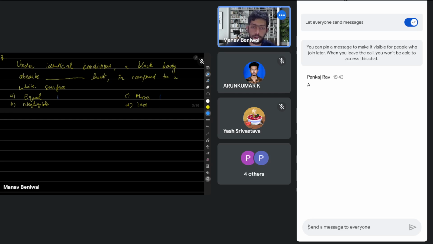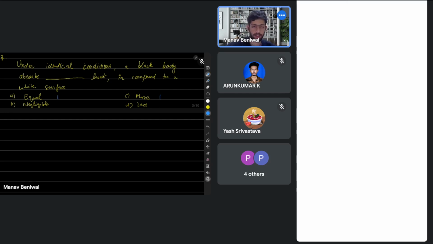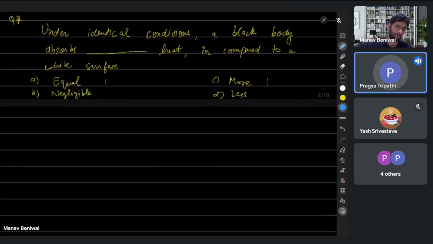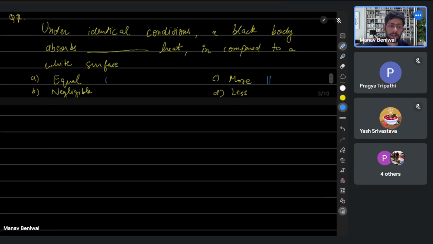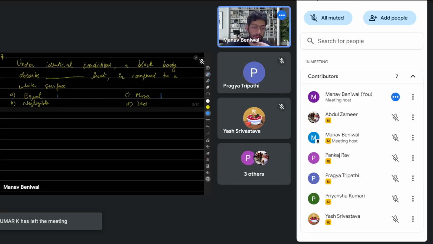I want everyone to answer something. It doesn't matter if it is right or wrong. Option C, 2 votes. Other people? You can just type. It's okay. You don't have to unmute.